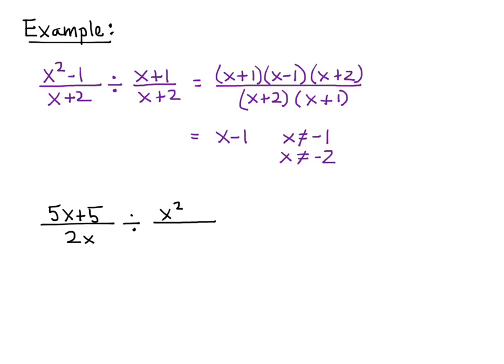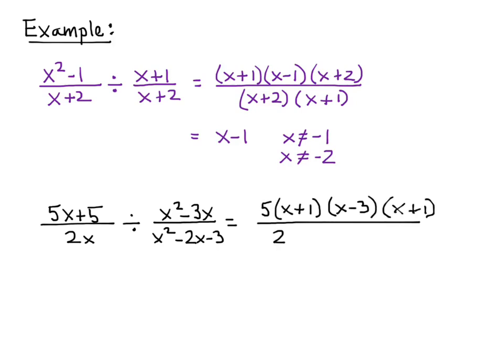Okay, let's try a different example here. Okay, so what I'll take here with these two, notice what I'm doing along the way. I'm factoring and taking the reciprocal. So I recognize that 5x plus 5, I can factor out the 5.